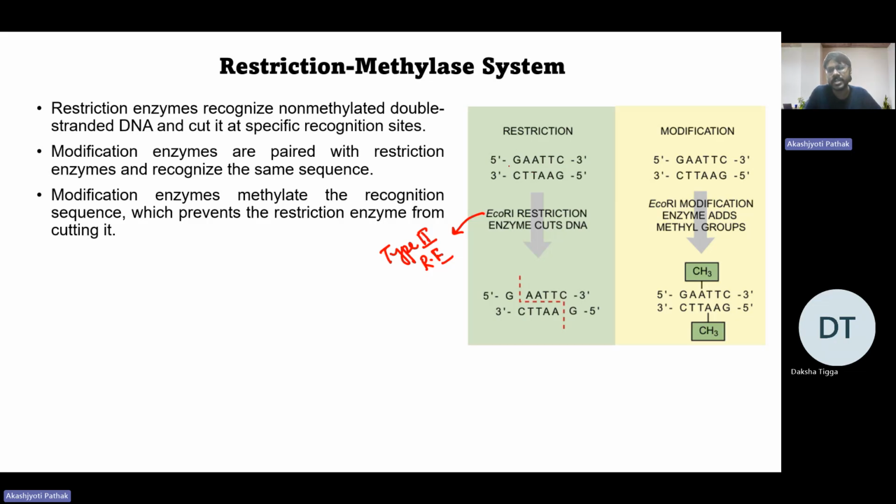For example, see this. If you read this DNA sequence from the 5' to 3' end, it is GAATTC. And if you read the lower strand in the same 5' to 3' direction, it also reads as GAATTC. Such DNA sequences are called palindromic DNA sequences.